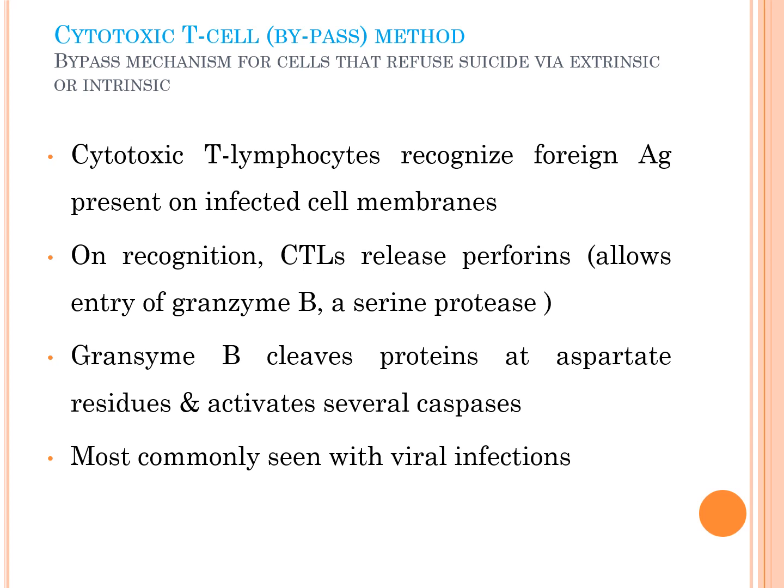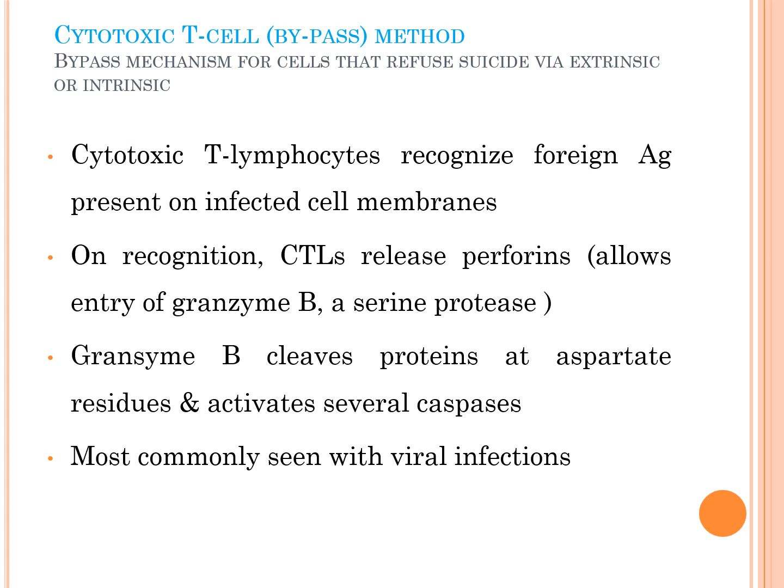And then the cytotoxic T cell or bypass method. So this is a bypass mechanism for cells that refuse suicide via the extrinsic or intrinsic pathways. So the cells that refuse via both the extrinsic and intrinsic pathways undergo apoptosis by this cytotoxic T cell method. Here the T cells recognize foreign antigen present on the infected cell membrane. On recognition, these cytotoxic T lymphocytes release perforins.